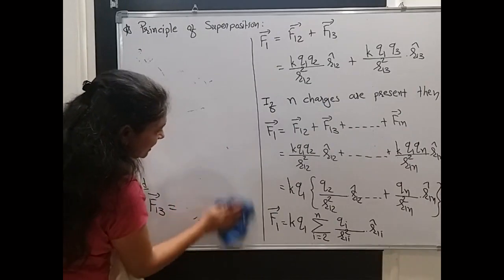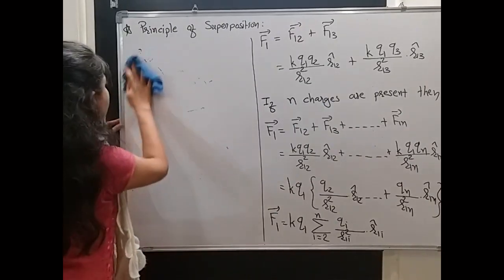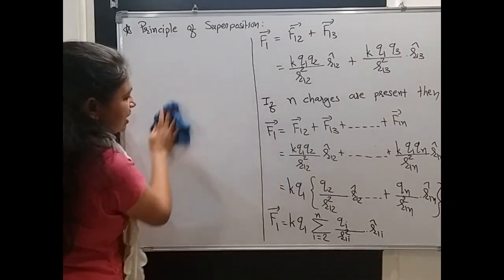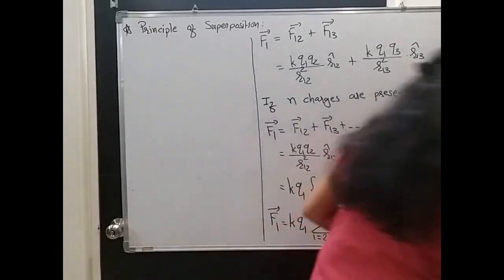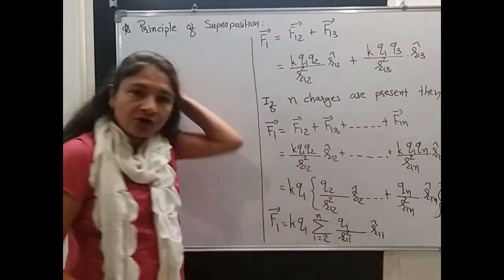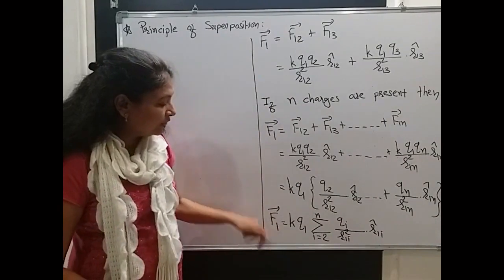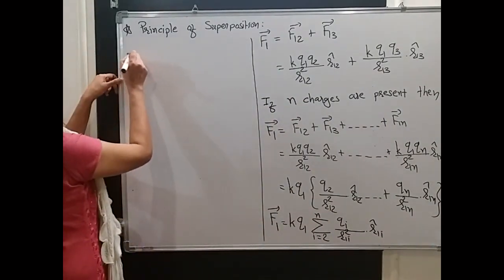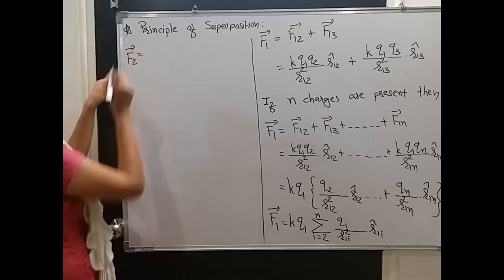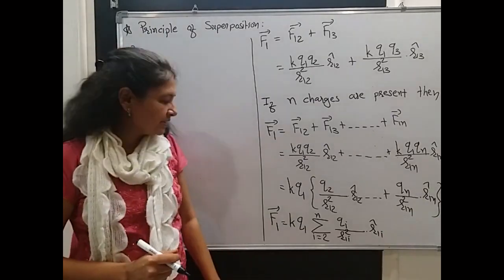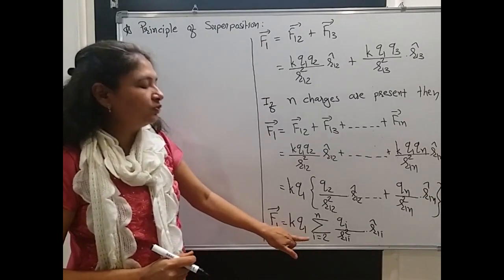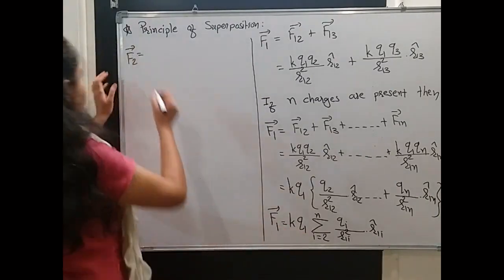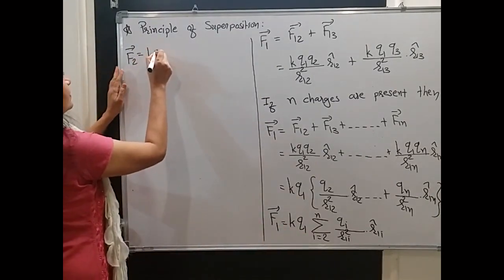See, here I have written the formula for the force acting on charge 1. Now instead of 1, I want to find the force acting on 2. So F2, how can I write? Force acting on 2, F2 equal to, tell me what should be done? Here Q1 is to be replaced by Q2, so Q2 will be common.